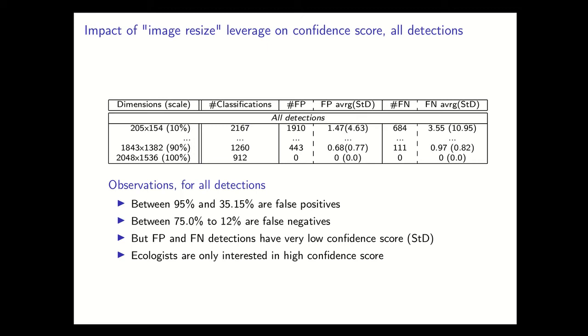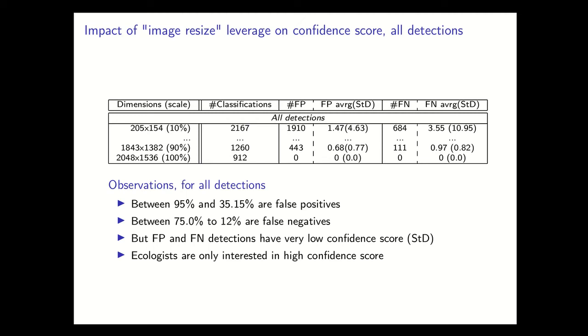Thus, even if the CNN tells you that there is something there, it is with a very low confidence score. And the fact is that the ecologists are only interested in, or trust enough, the detections that have a very high confidence score. They are only interested in confidence scores above 90.